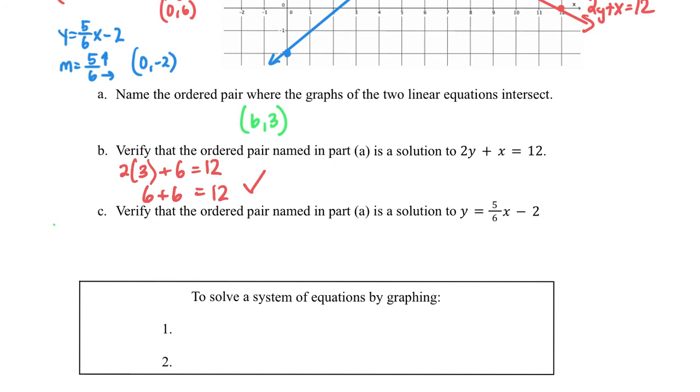So again, I'm going to plug in 3 for y, and I'm going to plug in 6 for x. So this is 3 equals 5, 6 times 6 is 5. 5 minus 2 is definitely 3. That's also a check. So you can see that these coordinates, this x and this y, if you plug it into this equation, you get something that's true. If you plug it into this equation, you get something that's true.